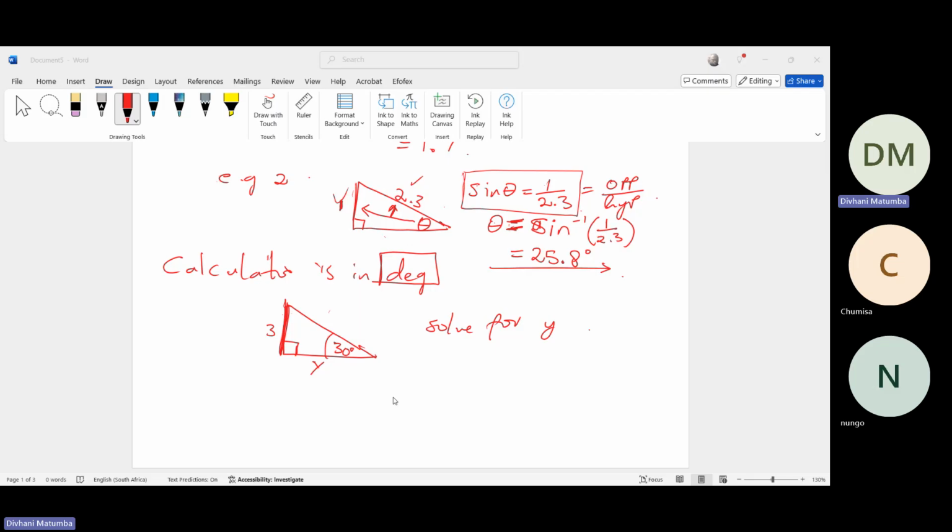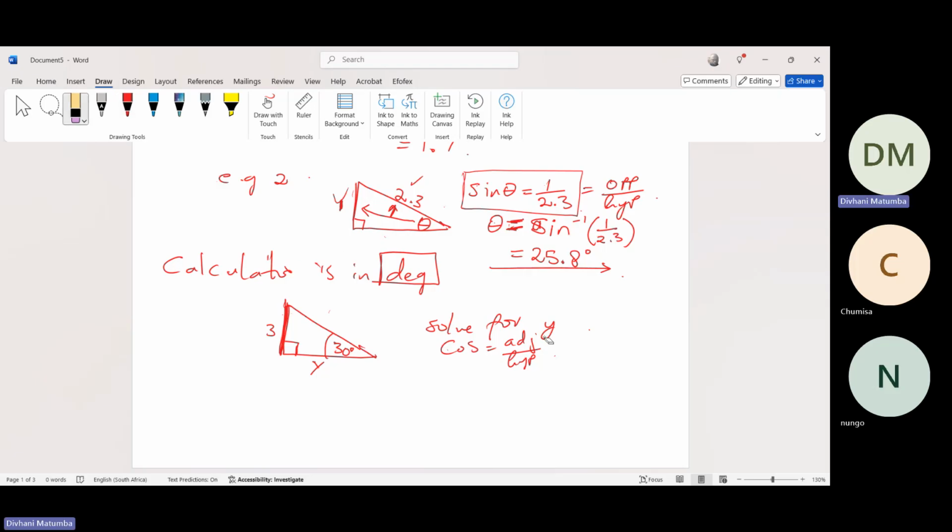Sine, cos, or tan? I think cos. Cos. Okay, so cos is given by adjacent divided by the hypotenuse. Wrong.